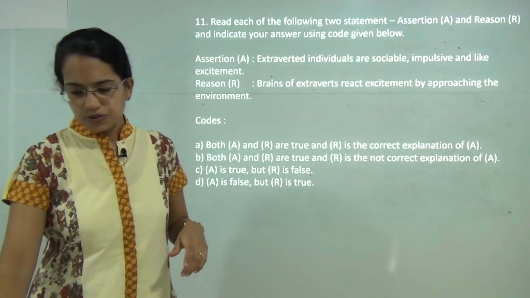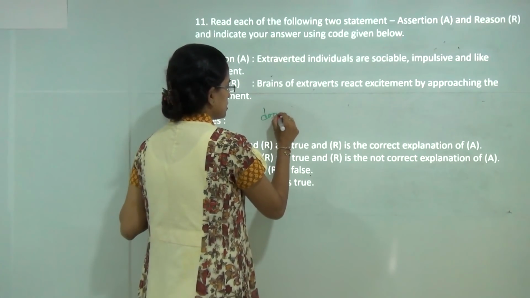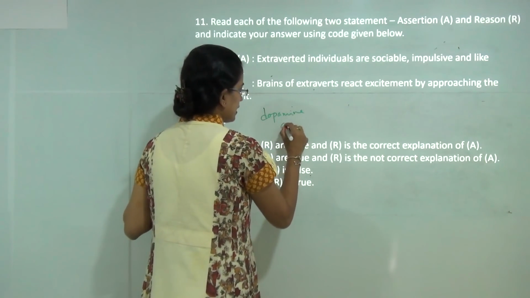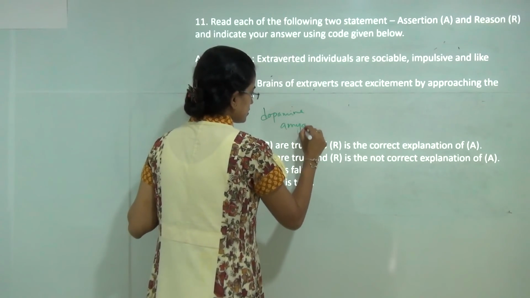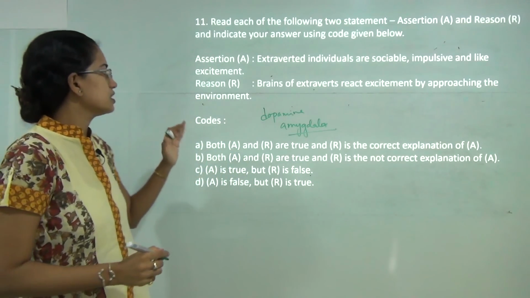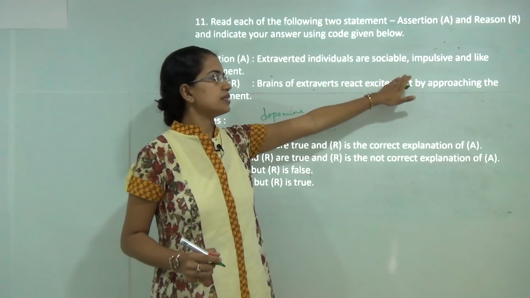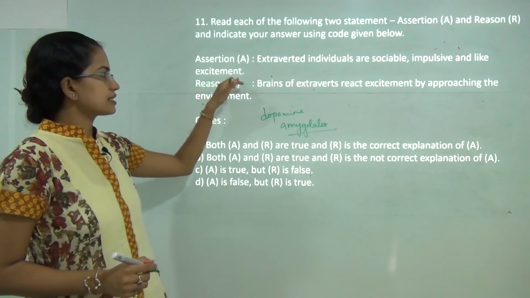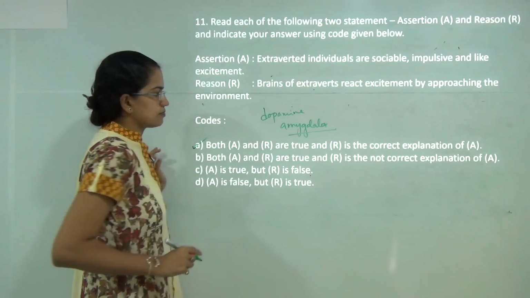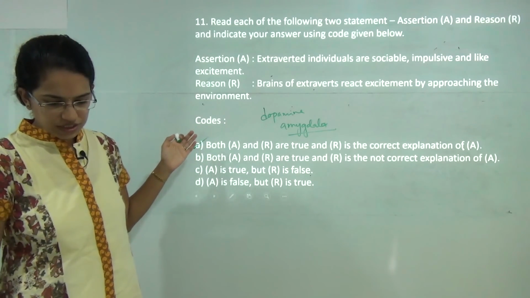This happens due to the difference in the dopamine, and due to the difference in the dopamine you have amygdala that gets stimulated, and this stimulation is higher in case of extroverts. So this reason correctly explains why extroverts are more impulsive and more excited as compared to introverts. So both the statements are correct and reason correctly explains the assertion.